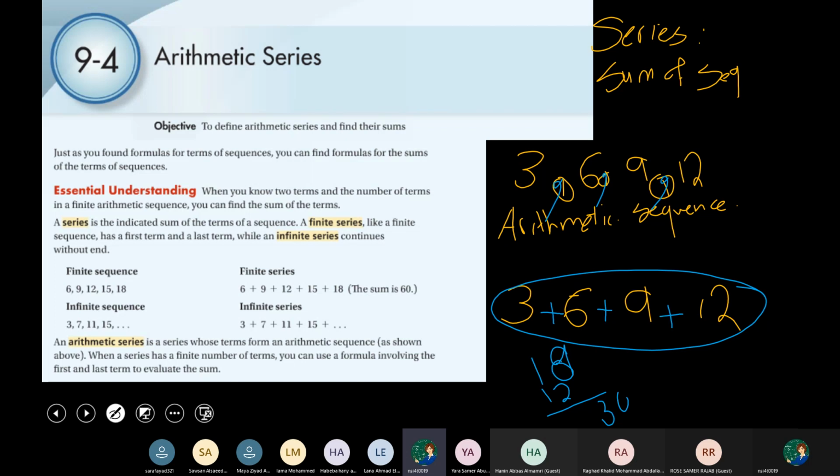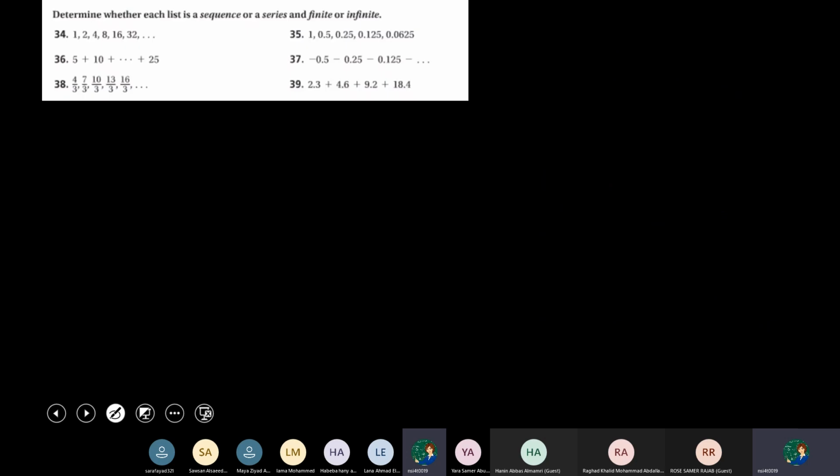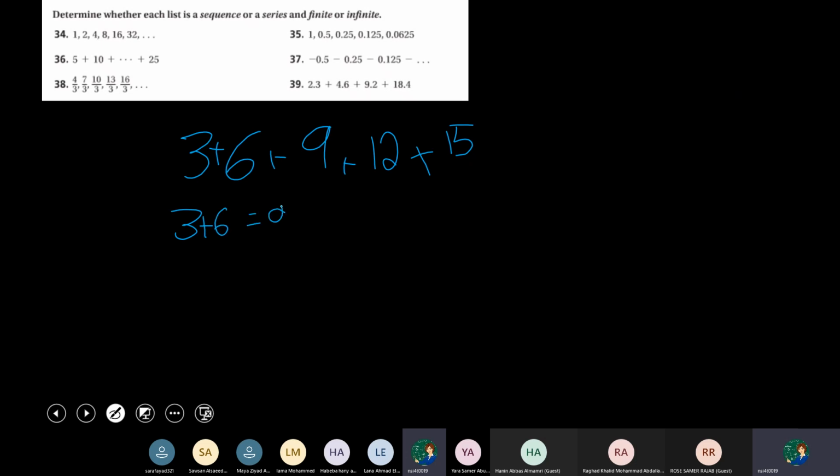But if I have these 4 numbers, it's easy for me to add them. If I have 3, 6, 9, 12, 15 as an example, and you ask me what is the total of these terms, you can say 3 plus 6 is equal to 9.